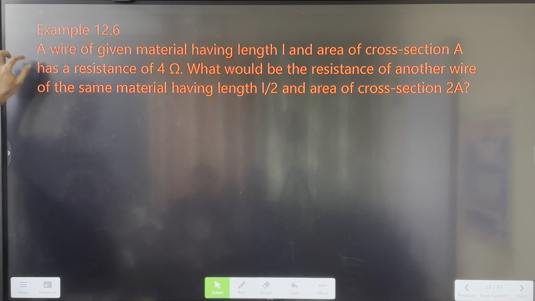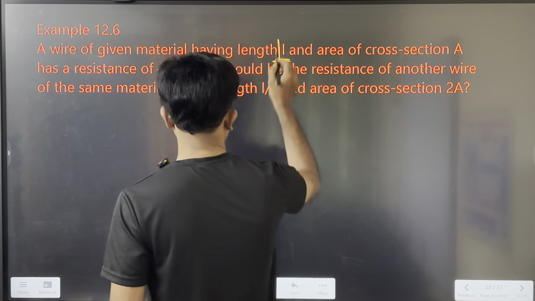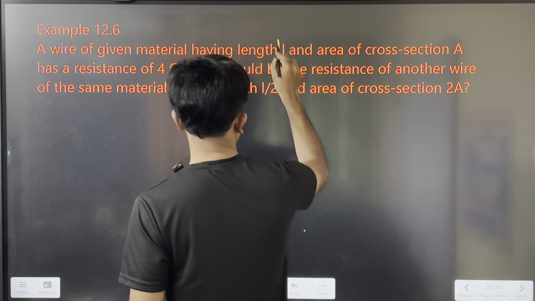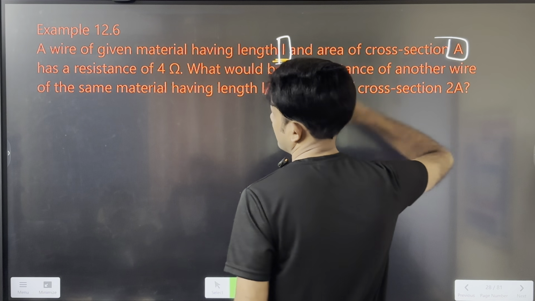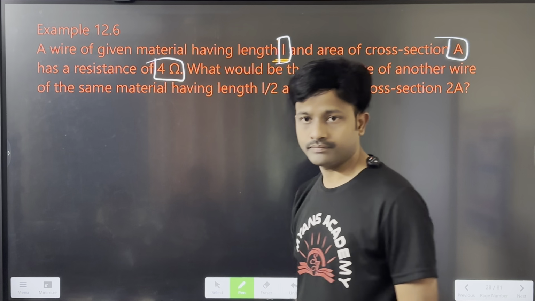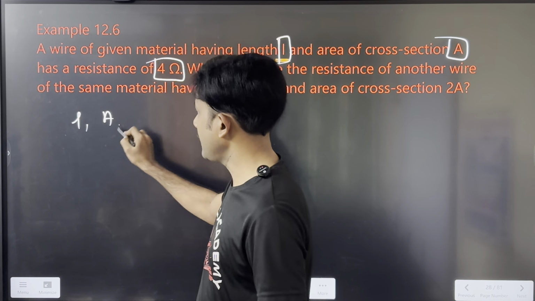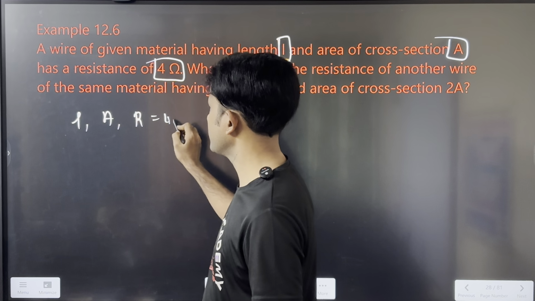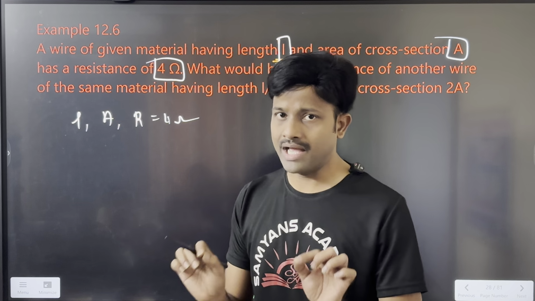The wire has length L, cross section area A, and resistance 4 ohm. This is the original wire you have taken.